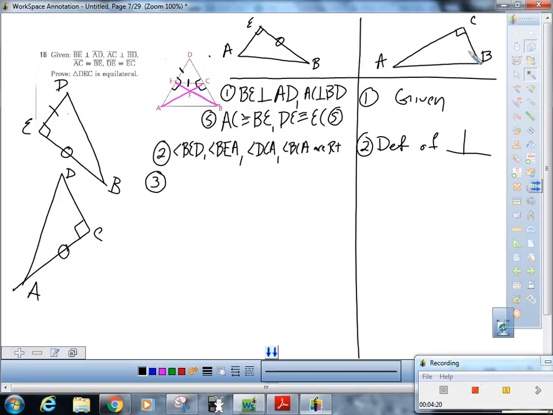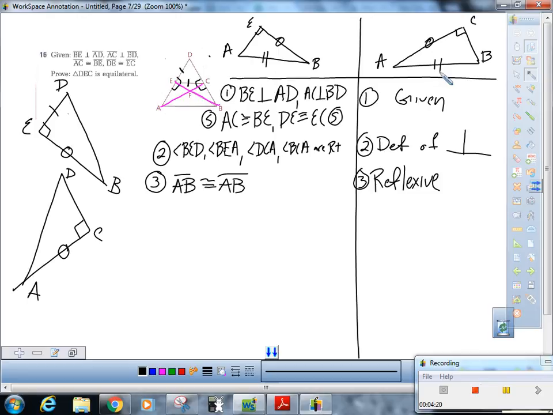Here's a right angle, and I know that CA has a circle on it. And now I've got some reflexive that I can use. So if I said that AB was congruent to AB or BA, that would be reflexive. Okay? So now I've got that congruent to that.